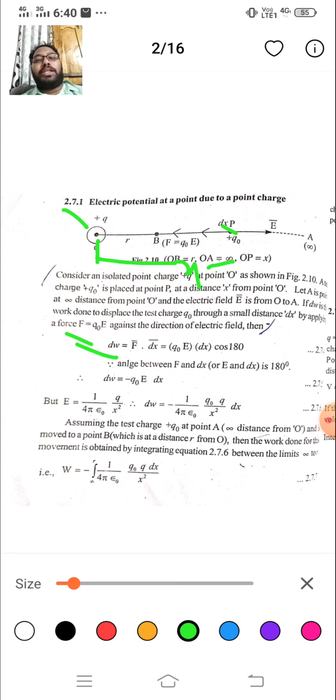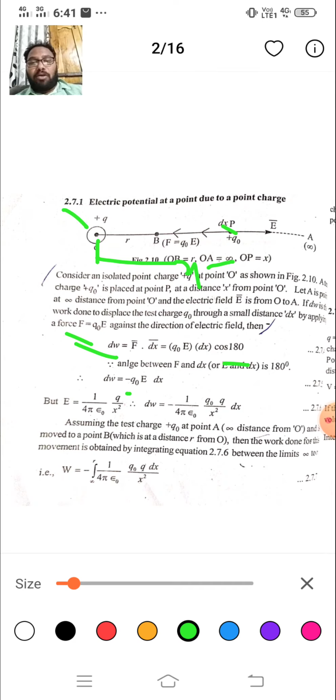Then the work done is dW equals F into dx, where F equals E Q naught. Here E and dx are in opposite directions, that is cos 180, which is minus 1. So dW equals minus Q naught into E into dx.